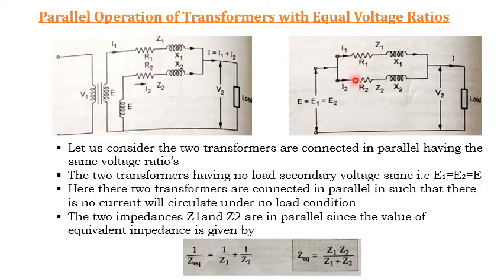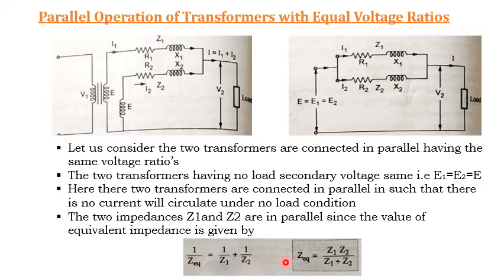Next, these two are connected in parallel, so this circuit diagram can be rewritten like this. The two impedances Z1 and Z2 are connected in parallel, so the equivalent impedance is given by 1 divided by Z equivalent is equal to 1 divided by Z1 plus 1 divided by Z2.